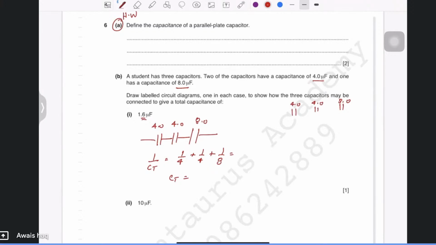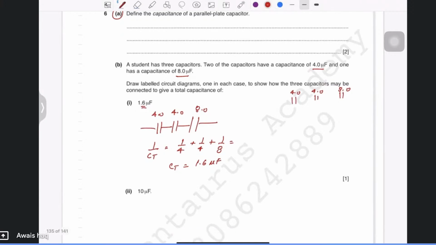I think you should be getting 1.6 though. I don't know. Yeah, it's 1.6. Right, 1.6. Because in series the overall capacitance reduces. The reason is that I have to take reciprocals, right?